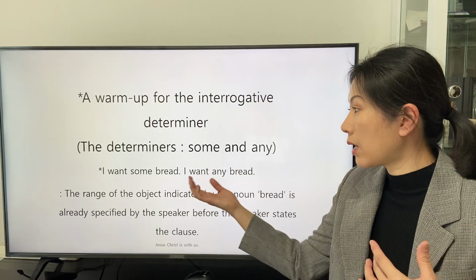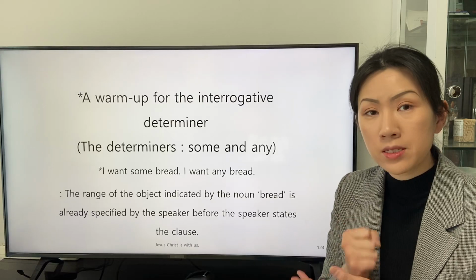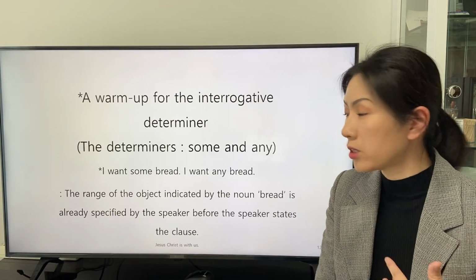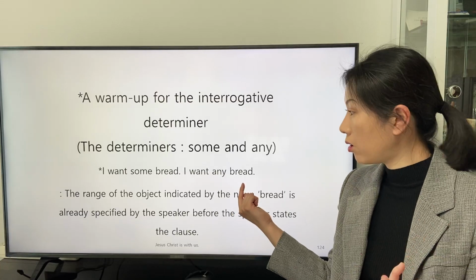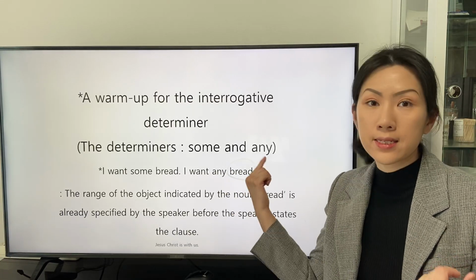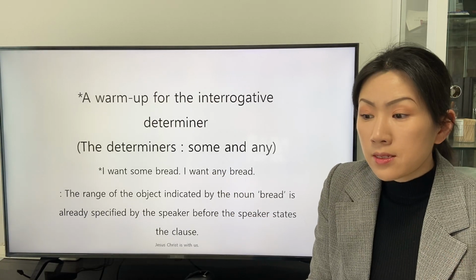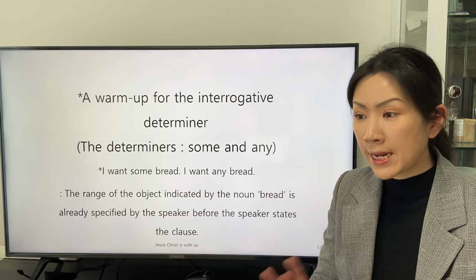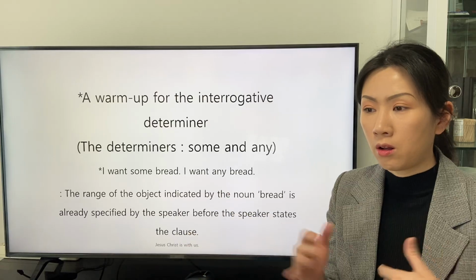What about this clause? I want any bread. In this clause, the speaker applies the determiner any for describing the object bread. This means that the speaker does not consider any kind of bread.